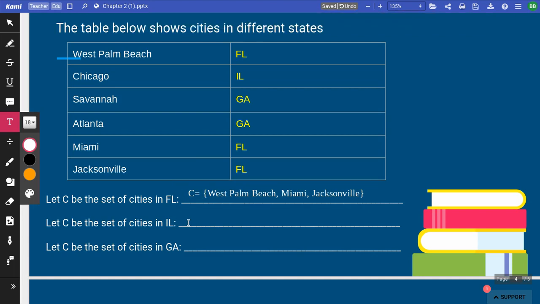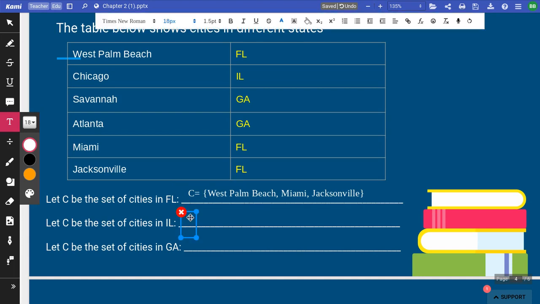Okay, let C represent the cities in Illinois. C equals, how many cities are represented here that are located in Illinois? We only have one, Chicago.